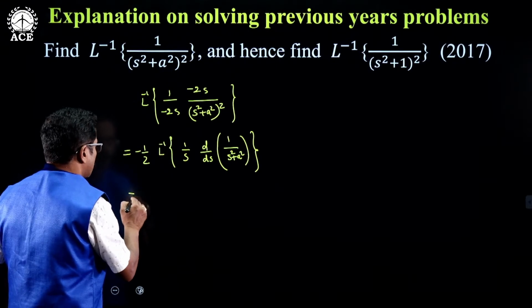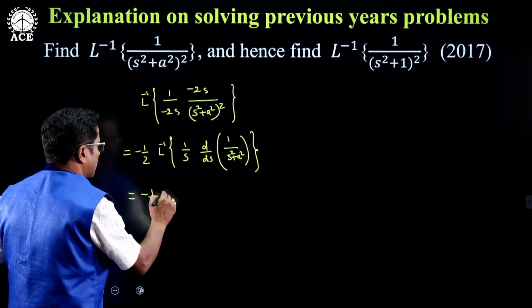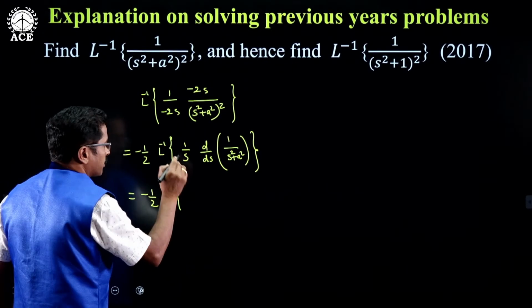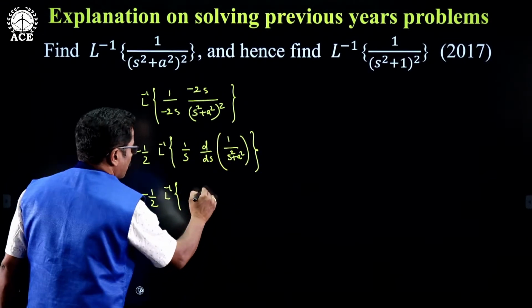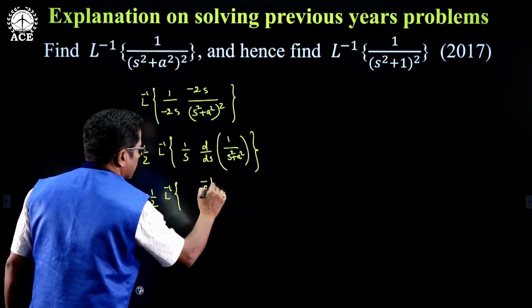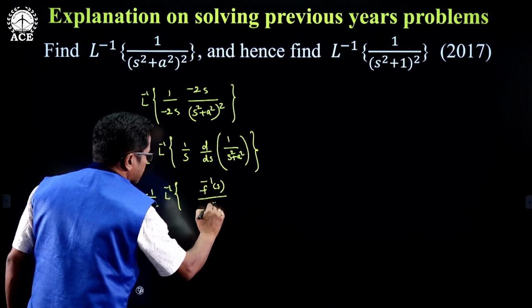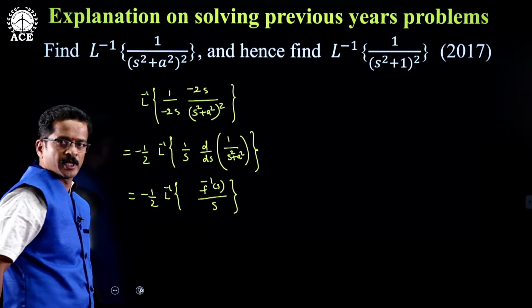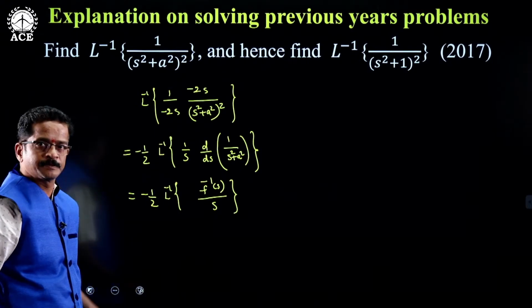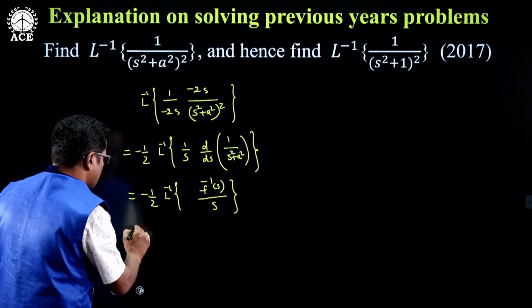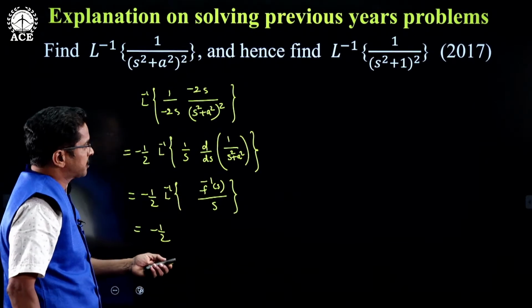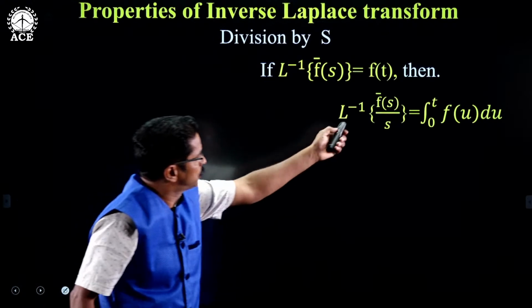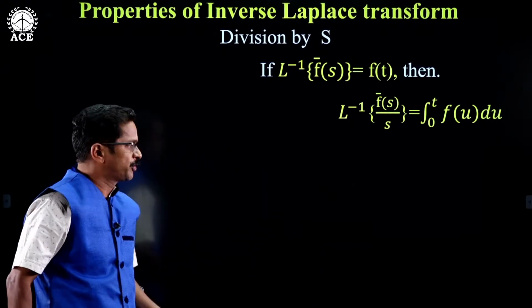So which is equals to minus 1 by 2 L inverse of, if I take this as f bar dash of s by s. So which is equals to minus 1 by 2, and by s means what? What is the property we have? By s means integration 0 to t f of u du, no?